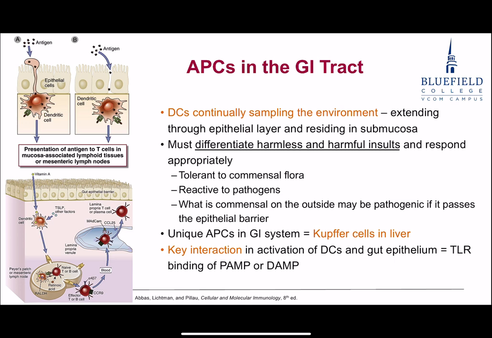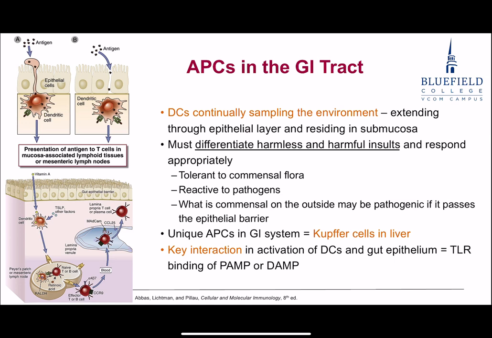A lot of these cells are in the subepithelial layer, but as you can see in this image, some have dendrites interdigitated between those epithelial cell layers and actually extending through the epithelial layer into the lumen of the gut.